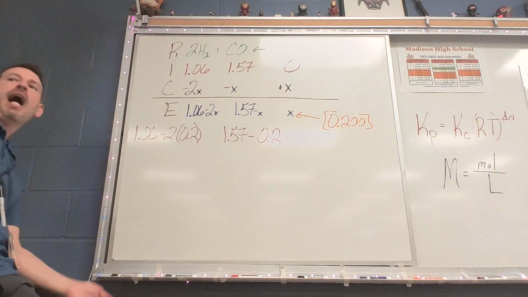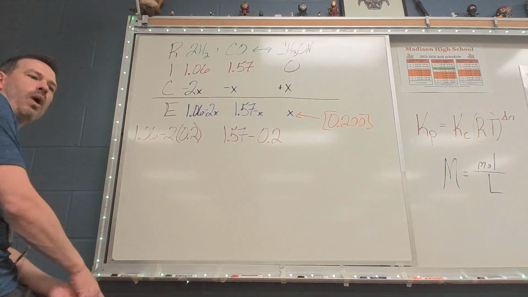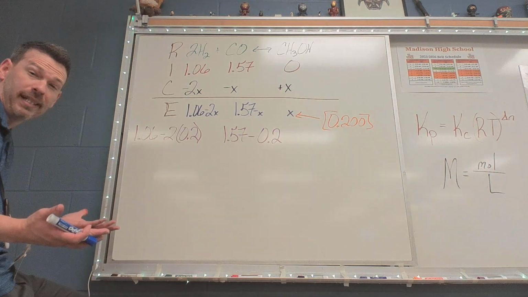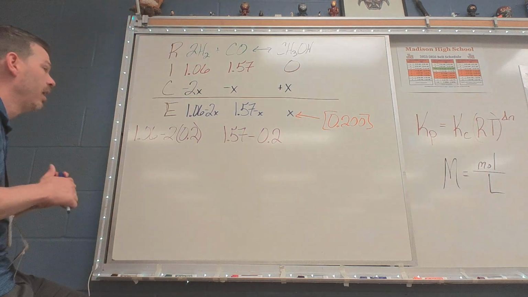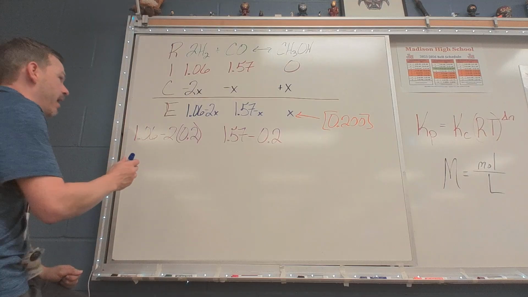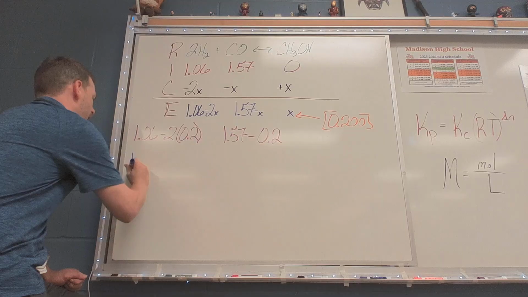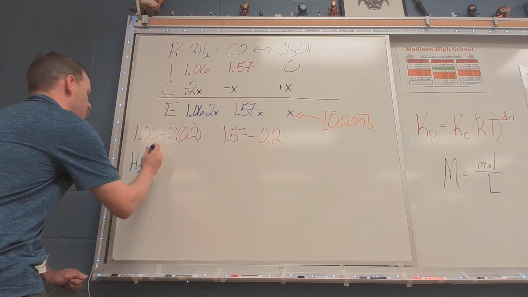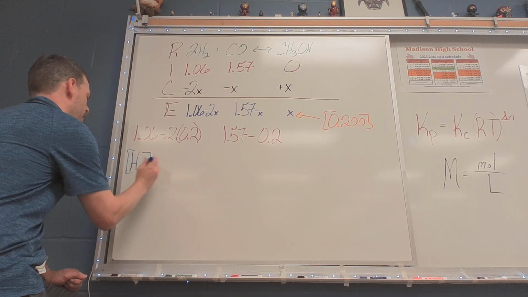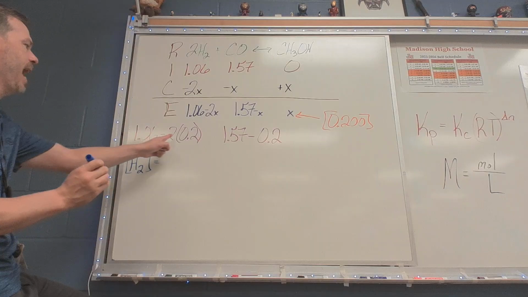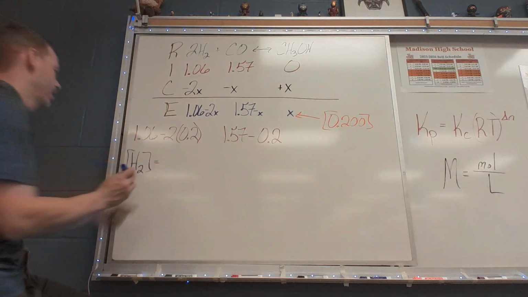And you can get a calculator out if you don't want to just trust me, but whatever, it's pretty simple math here. But now we can simplify, all right? Which means I can figure out that the concentration of the H2 is going to be whatever that is at equilibrium.